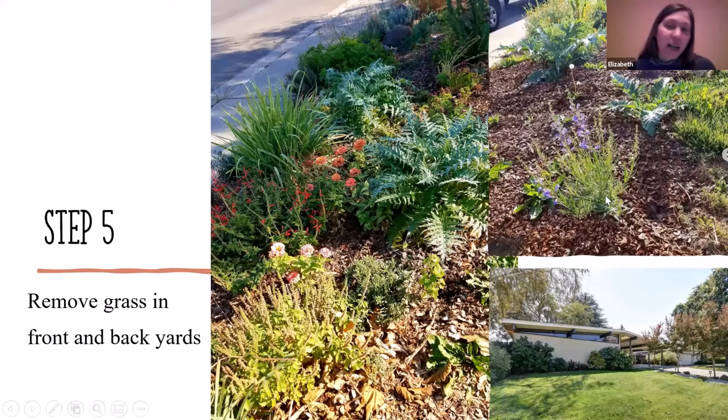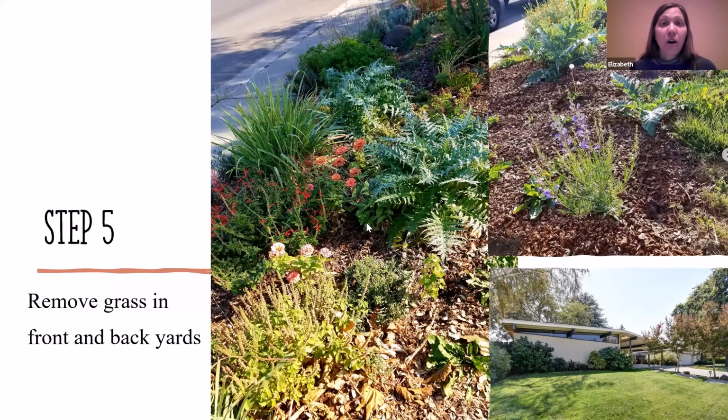And the top right is what it looked like at first. And then this picture here is what it looks like now. So it could be better, but this is, to me, a huge improvement over grass. And another thing about this is that 95% of this is edible.